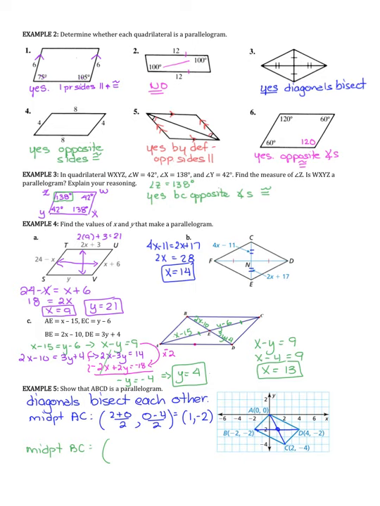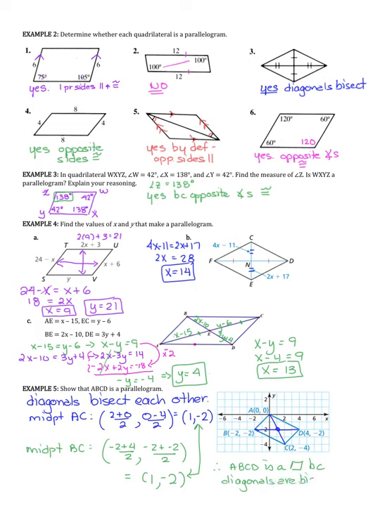So negative 2 plus 4 divided by 2, and negative 2 plus a negative 2 divided by 2. And so that's going to be 2 over 2 is 1, negative 4 over 2 is a negative 2. Notice that I have the same midpoint, therefore ABCD is a parallelogram because the diagonals are bisected.